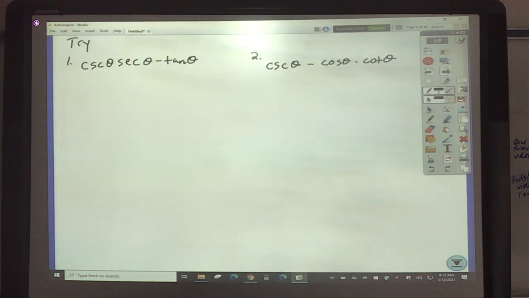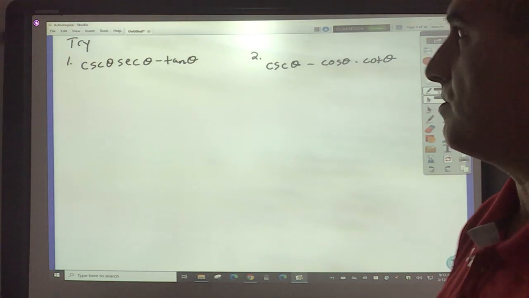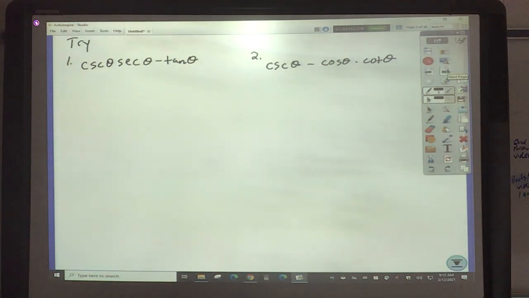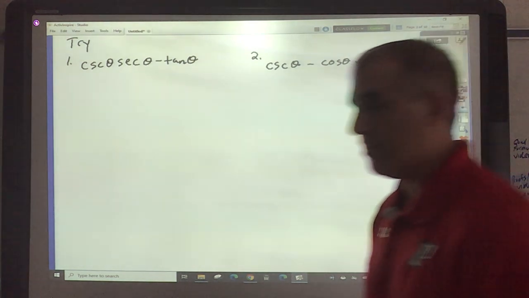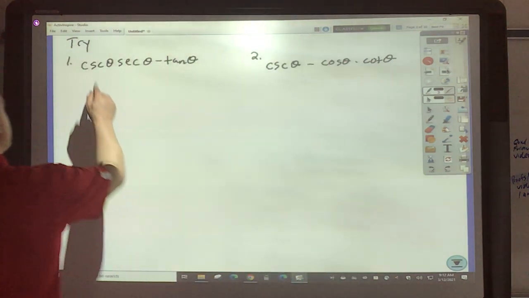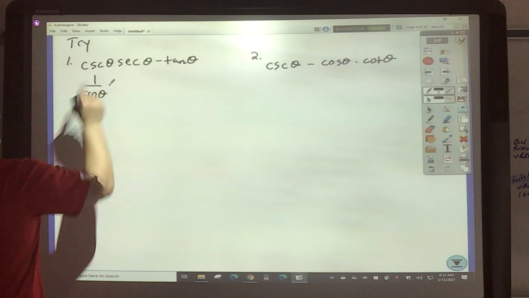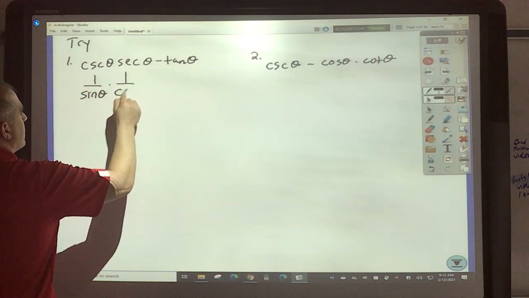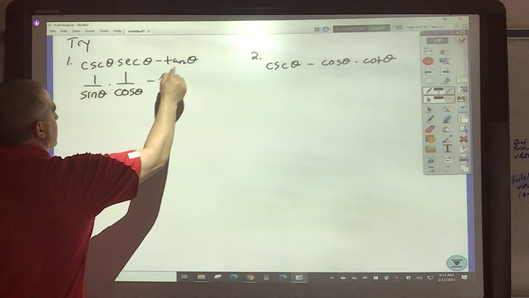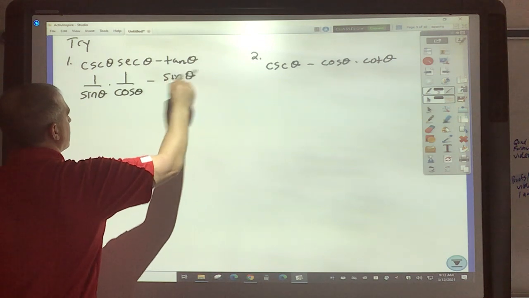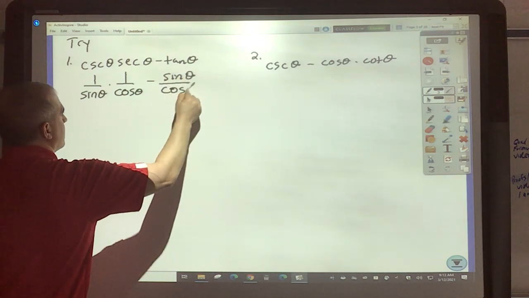I would like you guys to try these 2 questions. Practice it. It's going to take some repetition, and we'll go over these together. So what I've got here is 1 over sine of theta times 1 over cosine of theta minus sine of theta over cosine of theta.